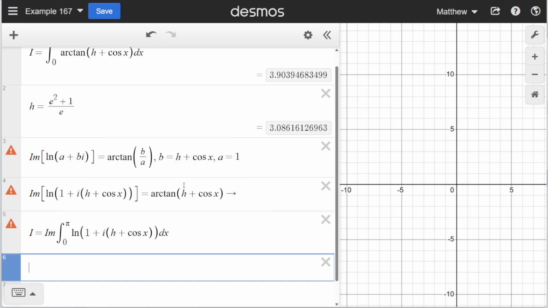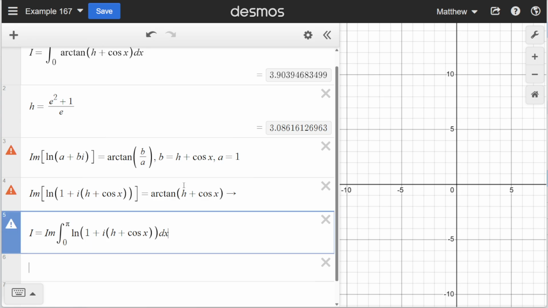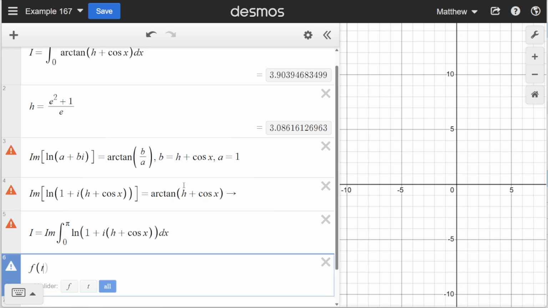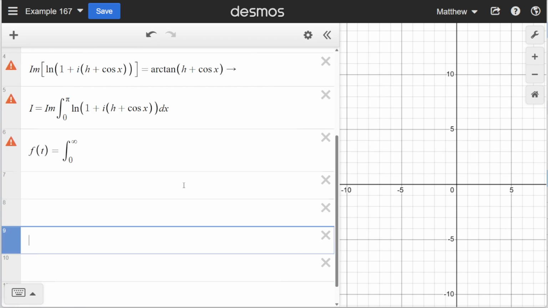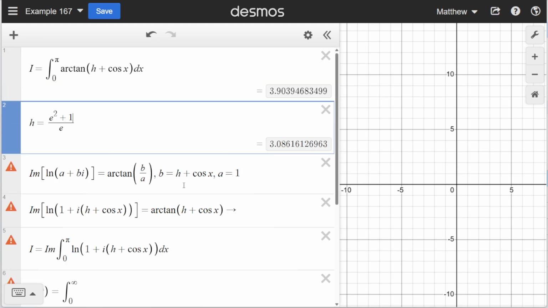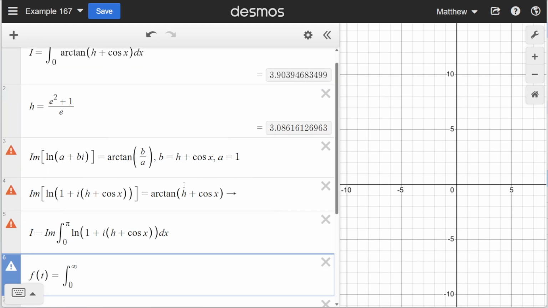Now let's go ahead and reparameterize this integral. We're going to let some f of t be equal to the integral from 0 to infinity, let me go down a little bit, well no, let's show as much of the work as we can, of the natural log of 1 plus t times h plus cosine x, dx.